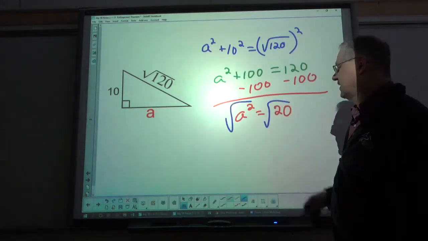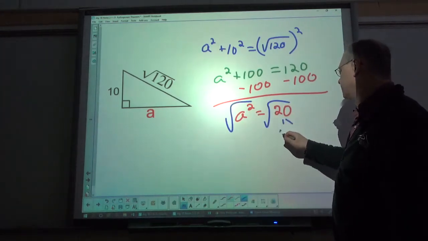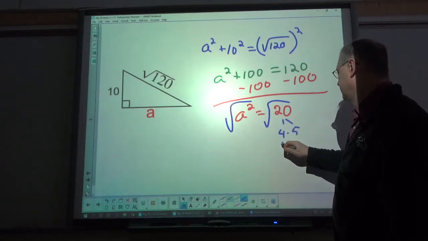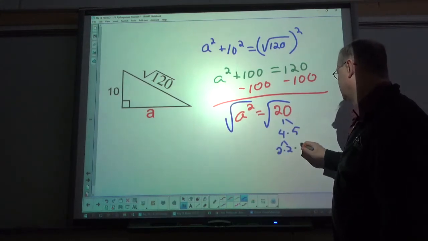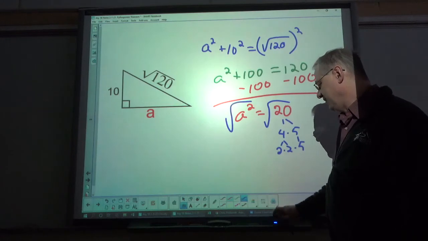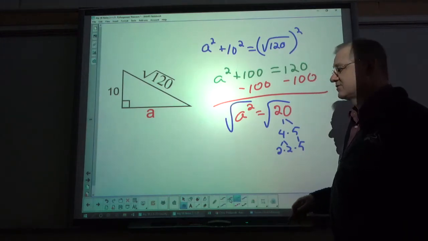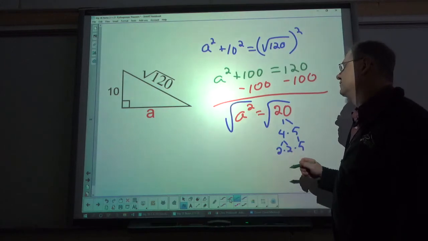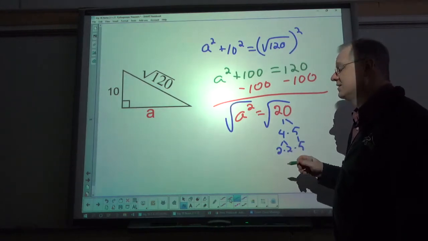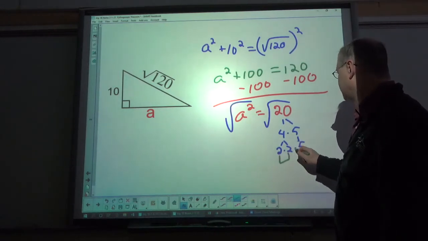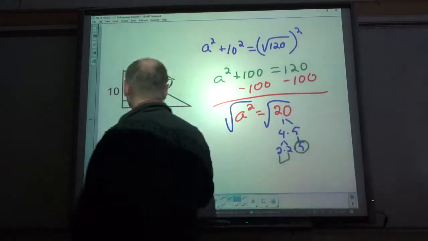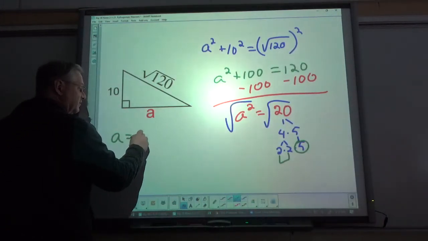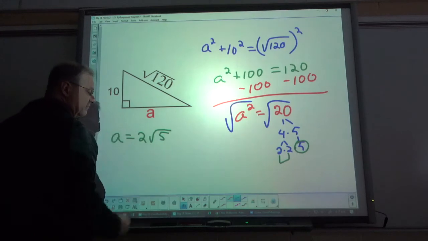Square root both sides. Now 20, 4 times 5. 2 times 2 times 5. If I were finding the answer with simplest form, simplifying, writing it in simplest form, I'd have a pair of 2's with a 5 left over. So A would be 2 square root 5.